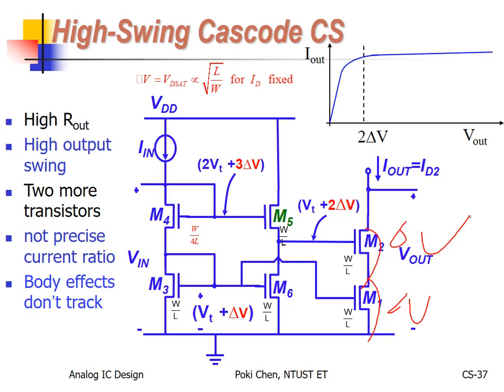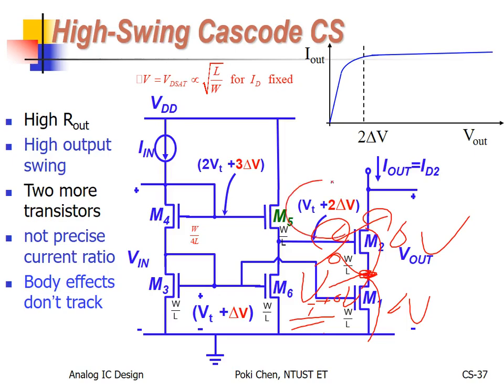But how to make it true? You need to see, here are delta V, right? But how about the gate? The gate needs to be 1 VT higher. So this should be 1 VT plus 1 delta V, right? And how about there? Similarly, from the source to the gate, it needs to be 1 VT, 1 delta V higher. Or you can say, hey, how about from the drain to the gate? The same, 1 VT higher.